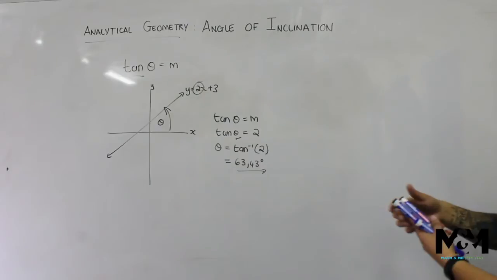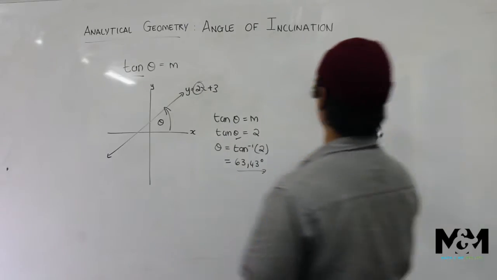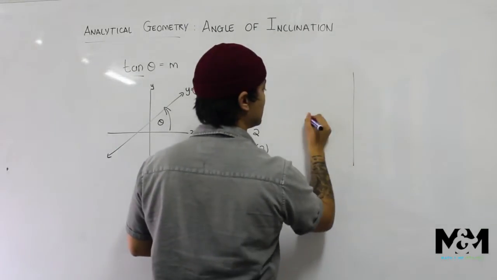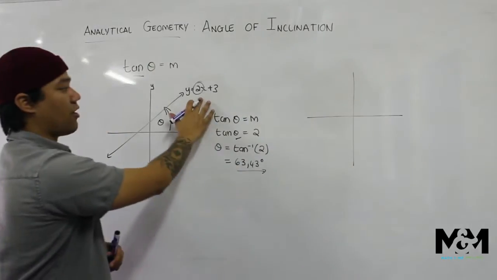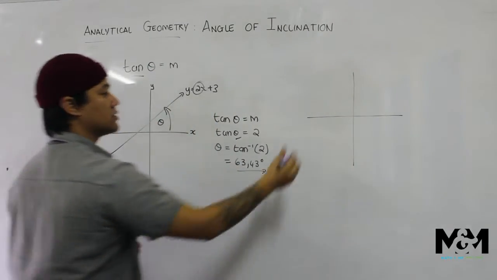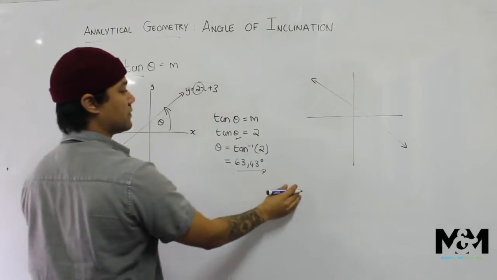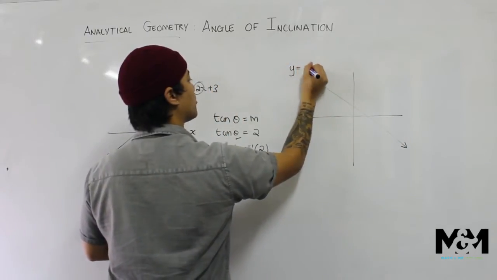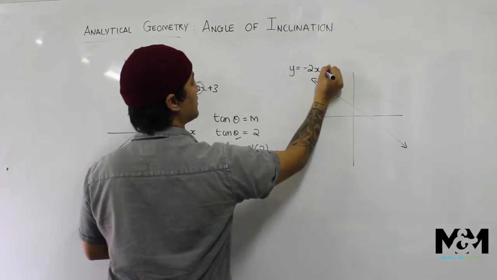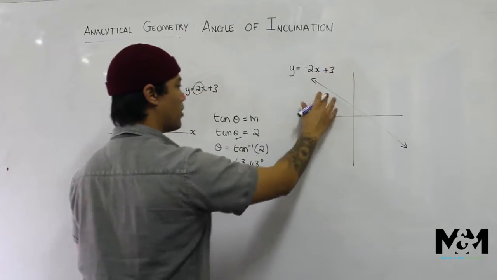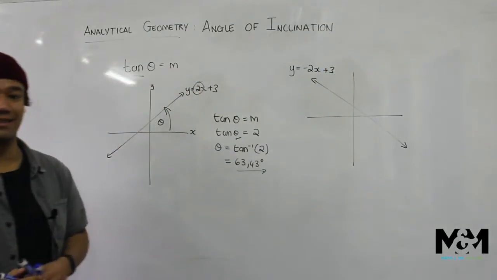So let's look at a negative line and see how that differs, because this one was obviously a positive line. I'll draw the same line now, just negative: y equals negative 2x plus 3. What is the angle of inclination of that line?